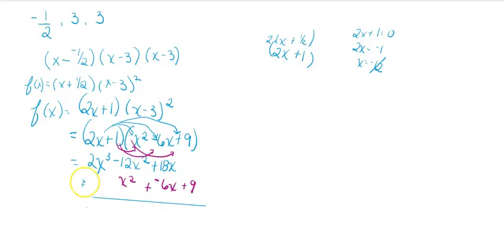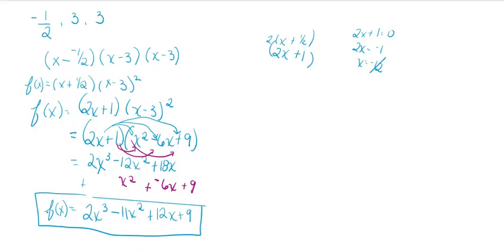And when I add all these together, I end up with 2x to the third minus 11x squared plus 18 minus 6 is 12x plus 9. So f of x equals all of that. And that is how you take numbers that are zeros of a function and write what the function is, or write the polynomial from that. If you're given factors or if you're given zeros, you can find the function.